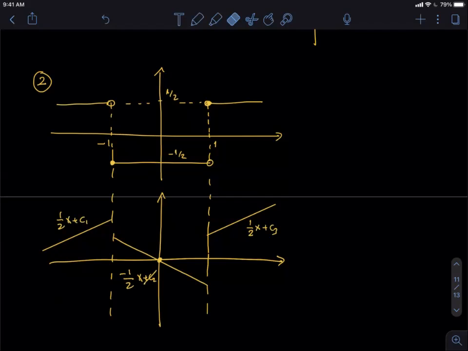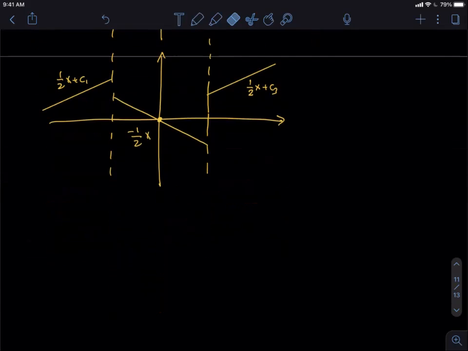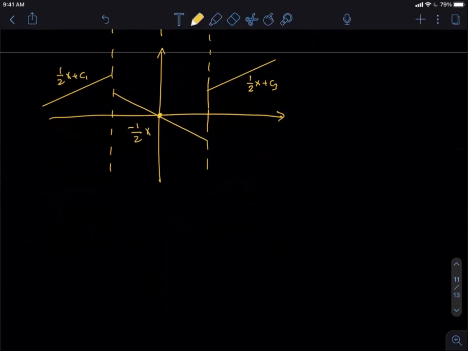Okay, so no c2 because it crosses the origin. Okay, but again, any vertical translations of these are going to give you a valid antiderivative. More options.